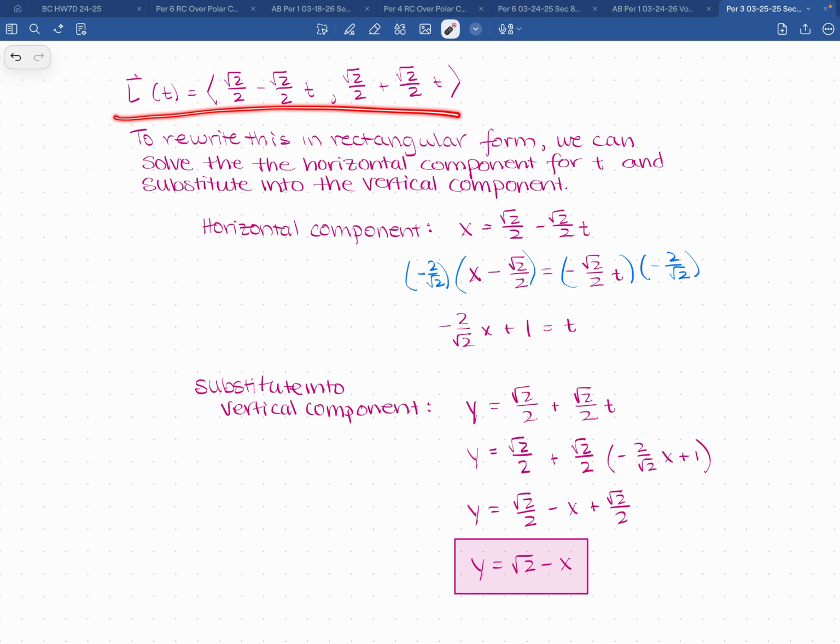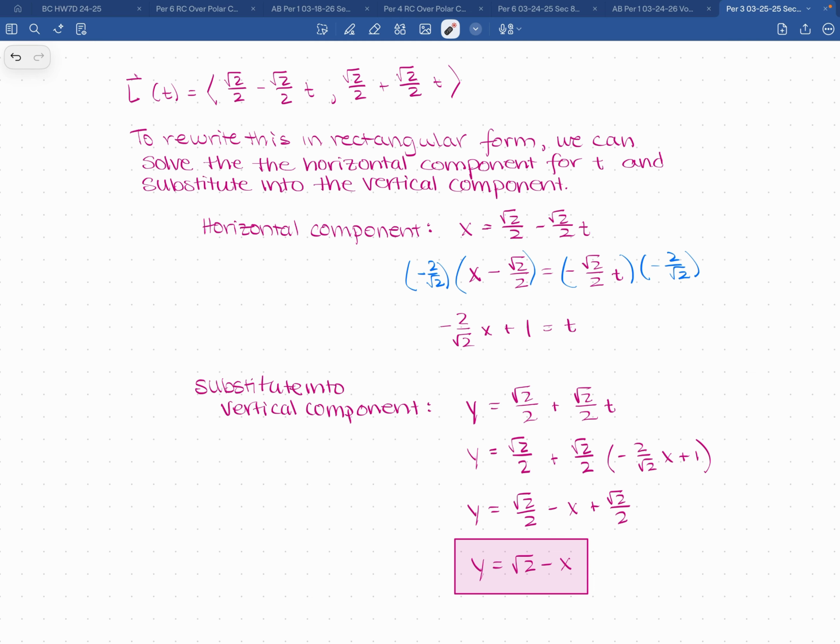So there is a meaning behind this that we can't get from this, but for our purposes, it's all we have to do. We just have to know that this makes a line and it doesn't make any line. It's parametric equations that represent the tangent line. Noodle on that if you need to pause the video.